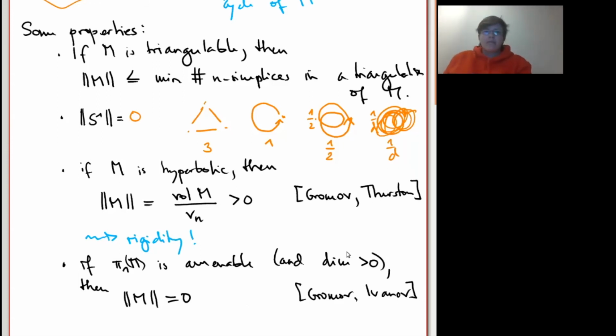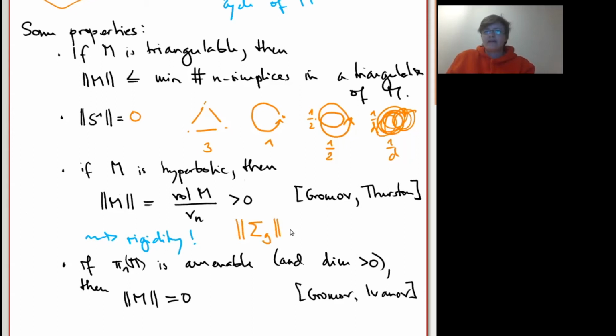Okay, so maybe there's one case that I also should highlight here. I mean, you can get it from this formula. You can also do it directly geometrically. There's one case of hyperbolic manifolds that are super important. Of course, these are the surfaces of genus at least 2.